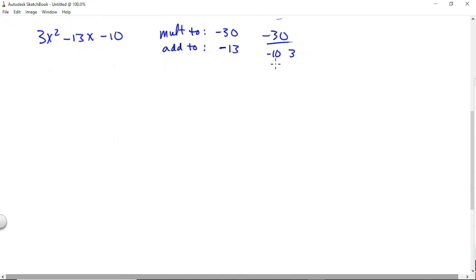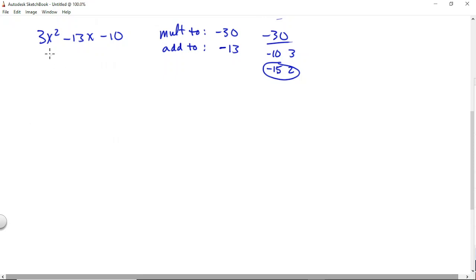The bigger number will be negative because they have to add to a negative number. But these aren't far enough apart, so of course we'll try negative 15 and 2. So those add to make negative 13. So these are the numbers that multiply to negative 30 and add to negative 13.